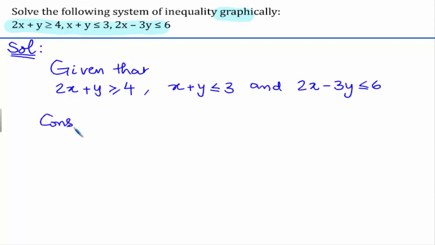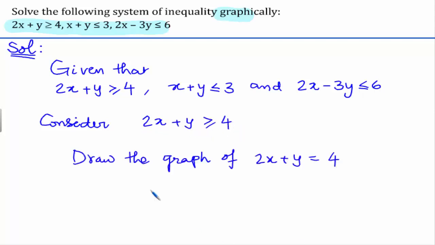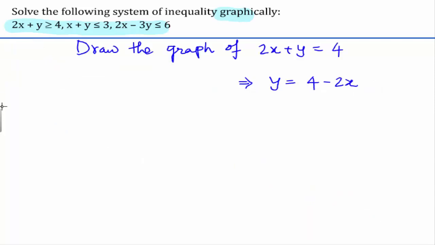Now let us consider the first inequality, which is 2x plus y greater than or equal to 4. To find out the solution of the given inequality, we have to draw the graph of 2x plus y is equal to 4. So that means y is equal to 4 minus 2x. Now let us find out the ordered pairs with the help of the table.